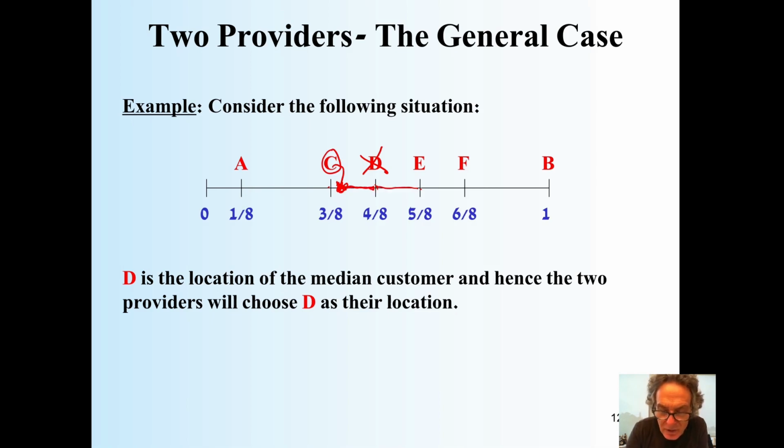This is 1/8. So, according to the claim, both of them will be at C. So both will be located at the one closest to the median. But if you have two closest to the median at equal distance, then either both of them are at one, or both of them at the second, or one at one and the other at the second.